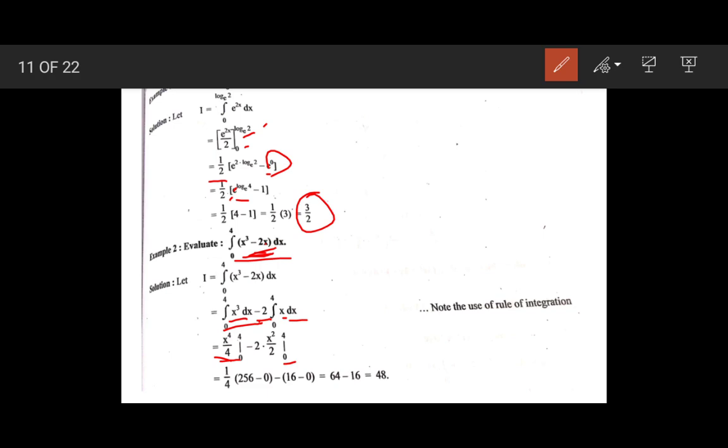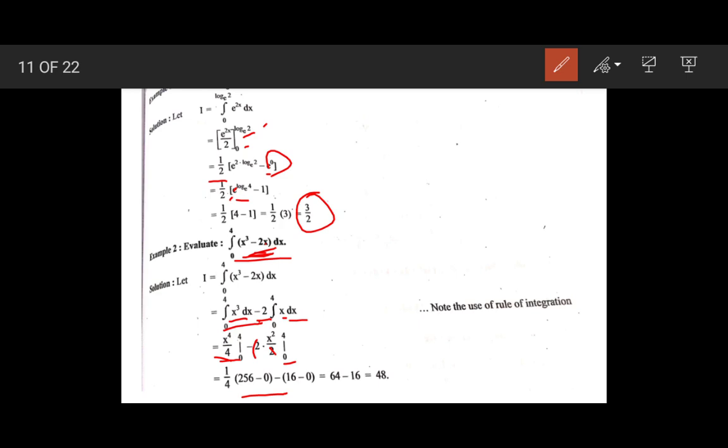Now in place of x first we have to put the upper limit, then we have to put the lower limit. So it will be 1 upon 4. Then when x is 4, 4 raised to 4 is 256, minus when we put x as 0, it will be 0. So 256 minus 0. Then here 2 cancels, so it is simply x square.